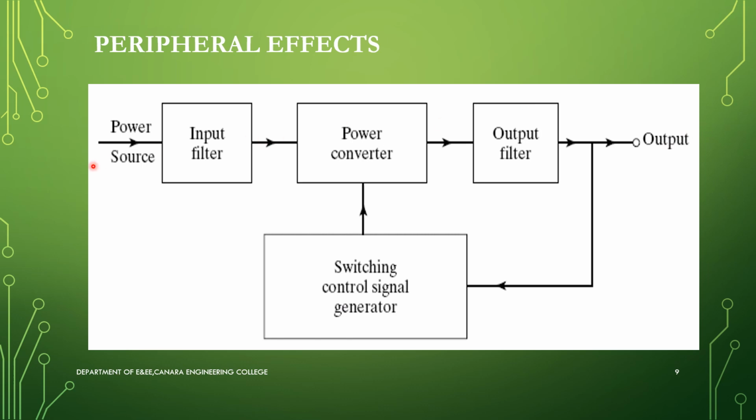All these supplies will have harmonics in them, right? They will have some disturbance. So to remove that, you have to add a filter at the input side, as well as a filter at the output side, in order to remove all the disturbances or the harmonics which are present.